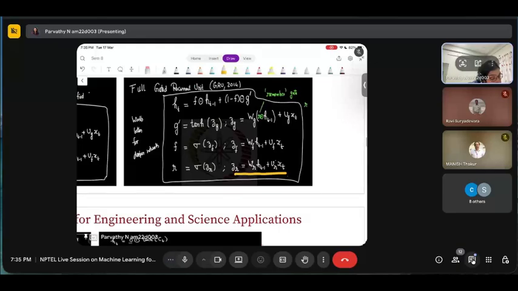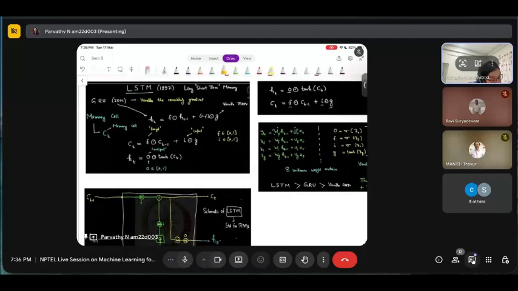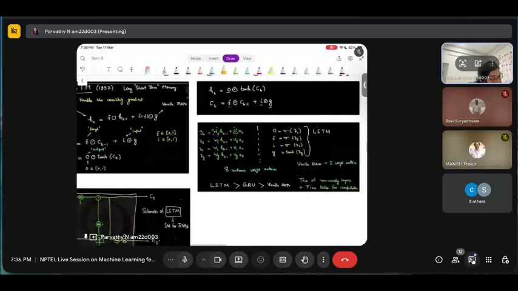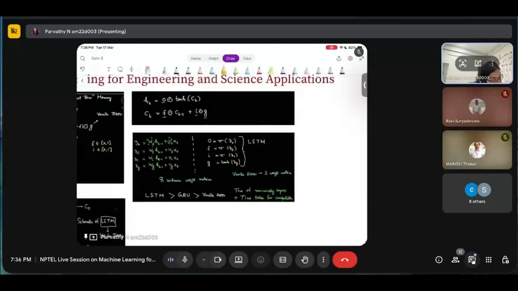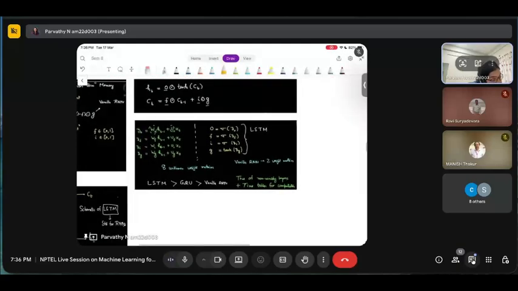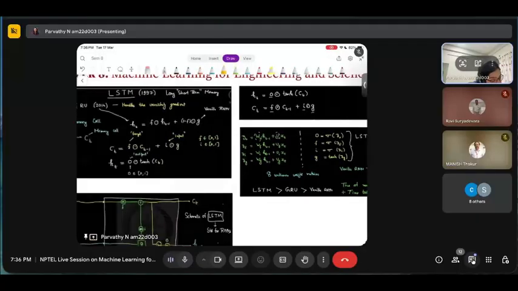Now, another variation is the long short-term memory. It again has a somewhat similar structure, but there is a memory cell, ct, and here again these sets of transformations are applied, where you find the ht by taking the tanh of the ct with the output.